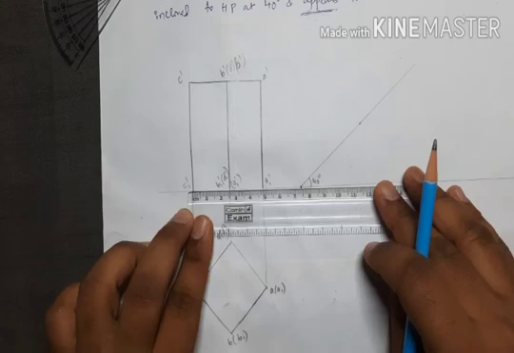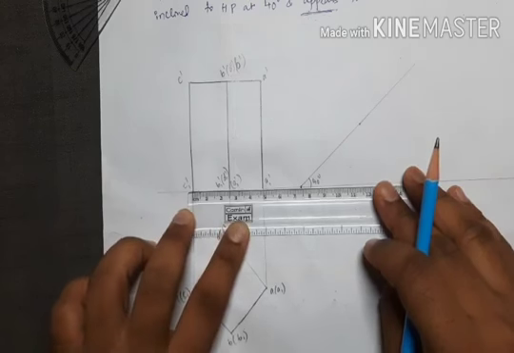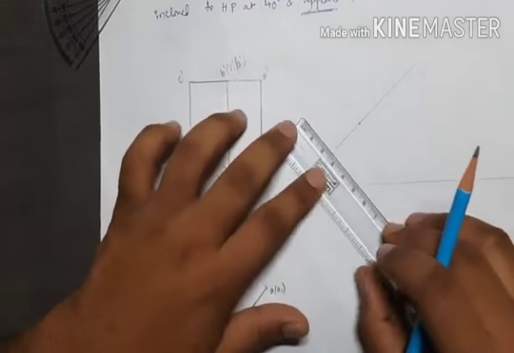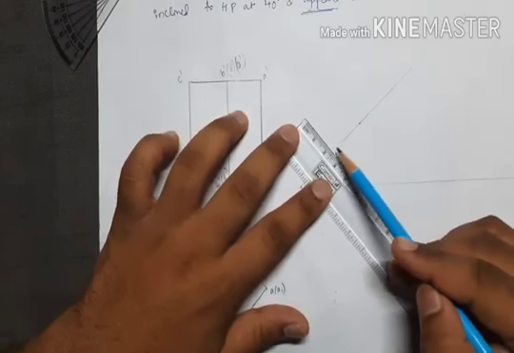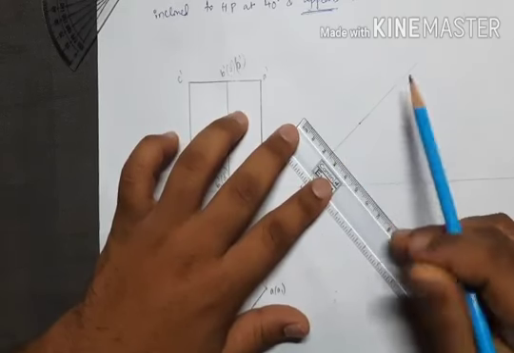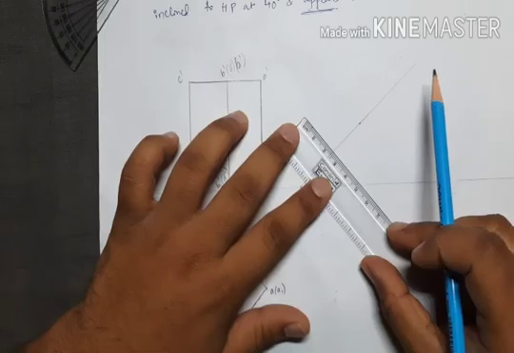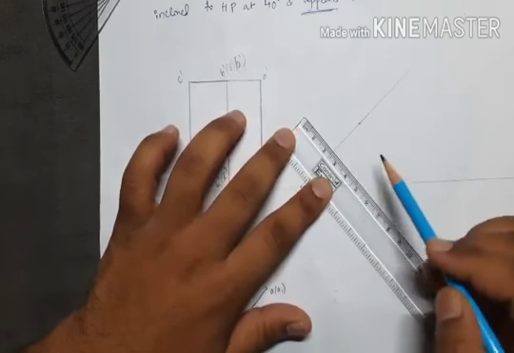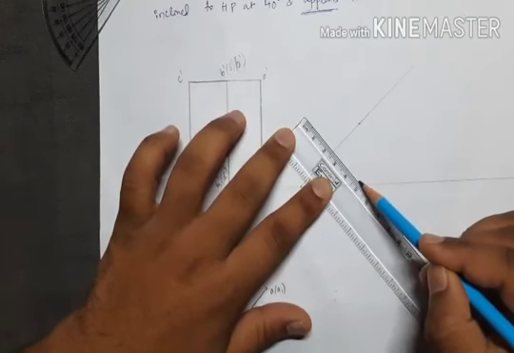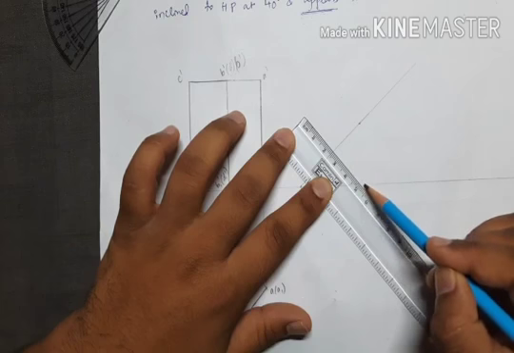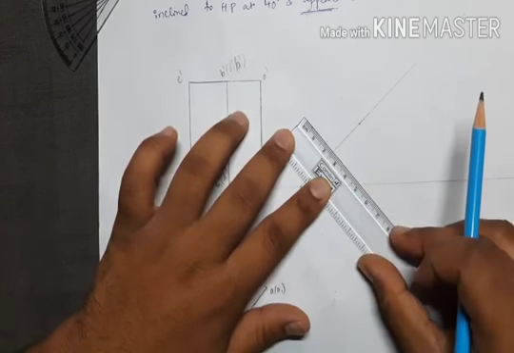Measure this. What is the length? This is 48. What is the half of 48? It is 24. So take your scale and 24 should be on this line. Now 24 is on this line, and move your scale such that this end, this 48, should be on this XY line.